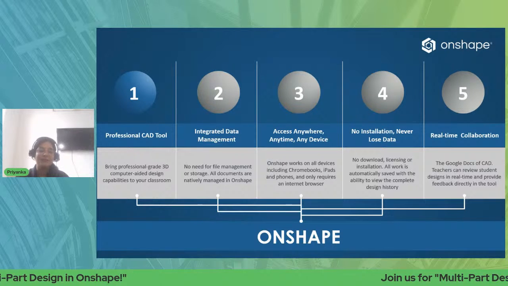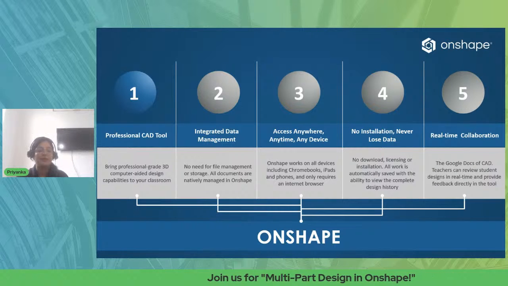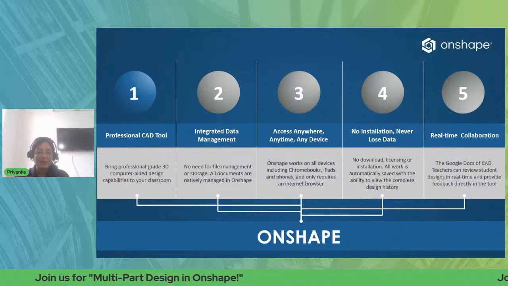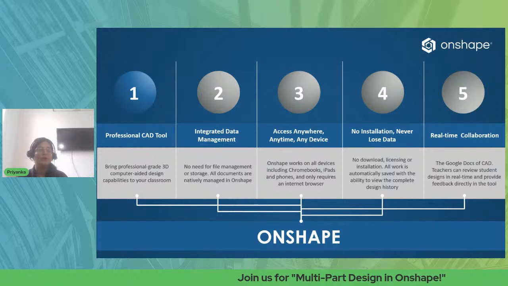So every single person using Onshape as their CAD tool is working on the latest version. If I talk about real-time collaboration, then collaboration in traditional CAD is something we do in a serial manner.